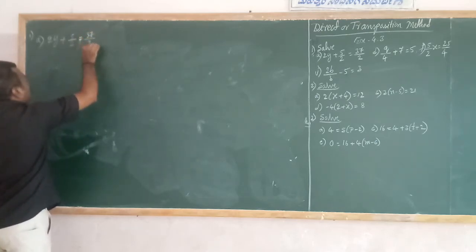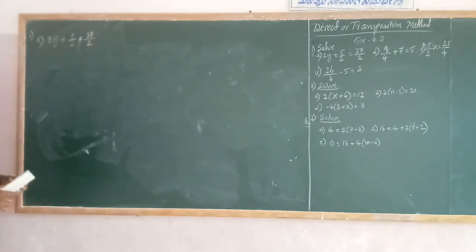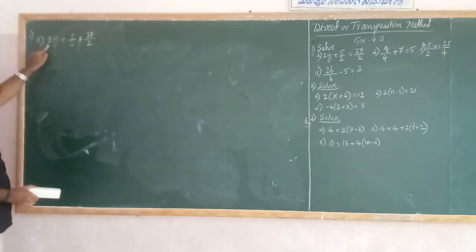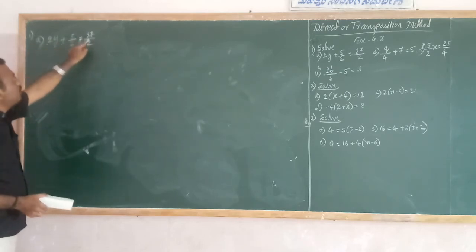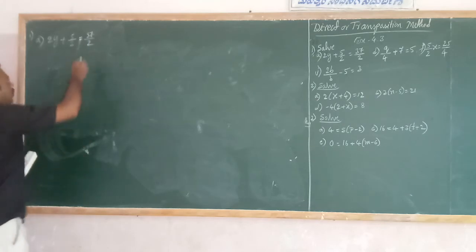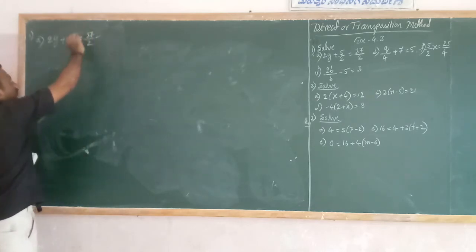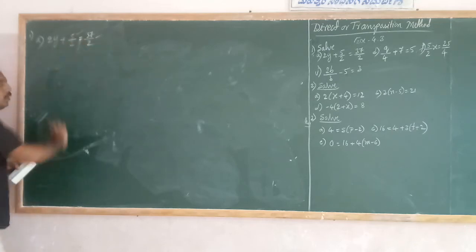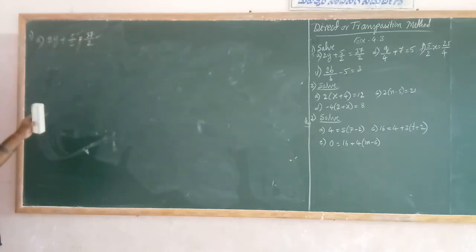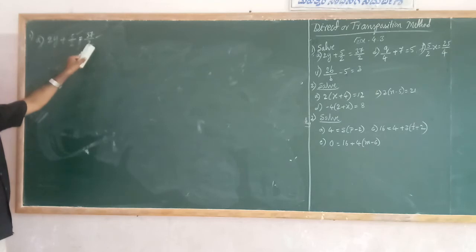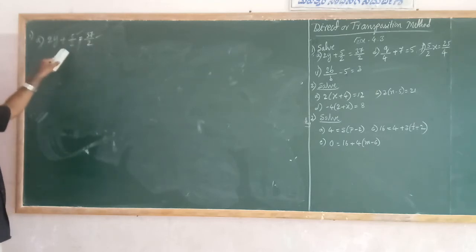Dear students, like this question, 2y plus 5 by 2 is equal to 37 by 2. 37 by 2 is one of the constant terms, and 5 by 2 is also a constant term. These two constant terms are on different sides: 37 by 2 is on the RHS, and 5 by 2 is on the LHS.